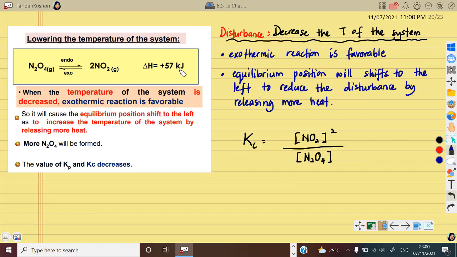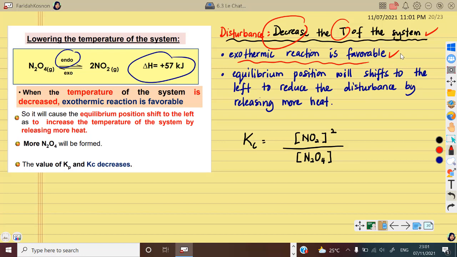Okay. Masih lagi untuk forward reaction endothermic. So, disturbance kita adalah temperature of the system decrease. Kita lowering the temperature of the system. Jadi, bila decrease the temperature, exothermic reaction is favourable. Jadi, kalau you tengok kat sini, exothermic reaction yang mana? Yang reverse reaction ini. Okay, so the equilibrium position will shift to the left to reduce the disturbance by releasing more heat.